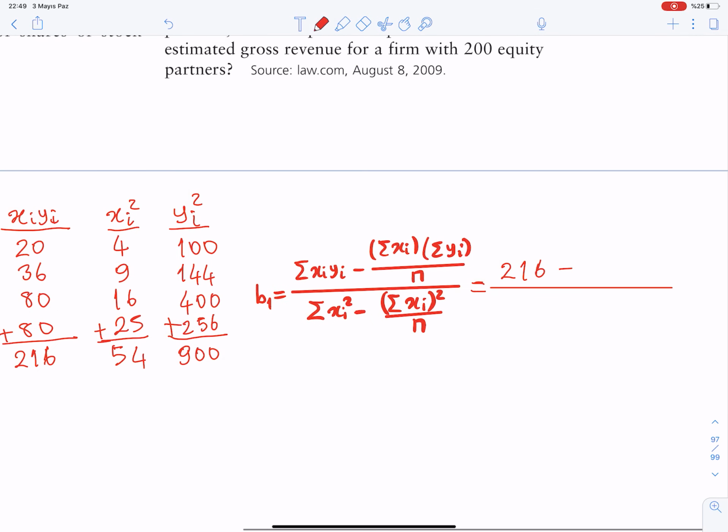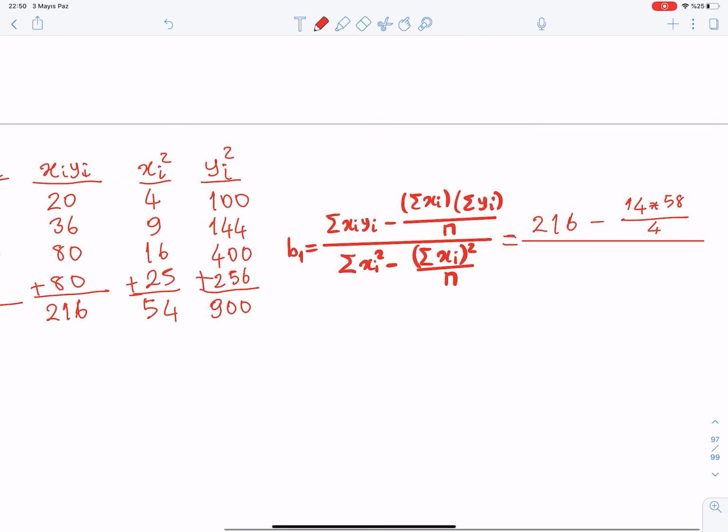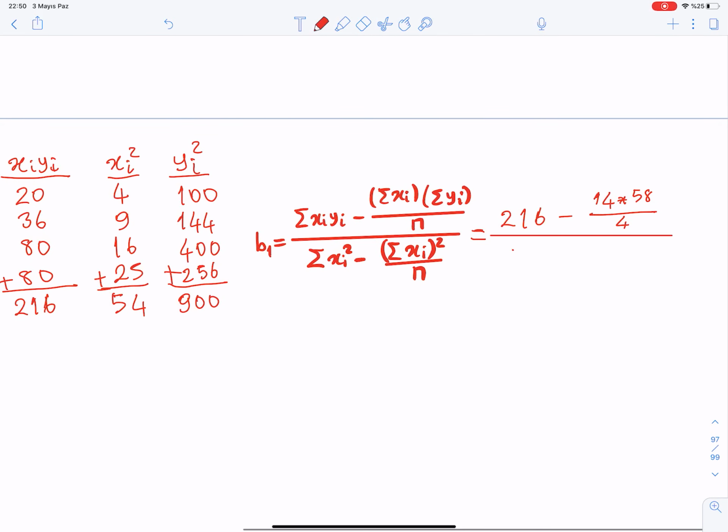So I need to multiply 14 by 58 divided by 4, since n is 4 in this case. And the next one is 54 minus 14 squared divided by 4.